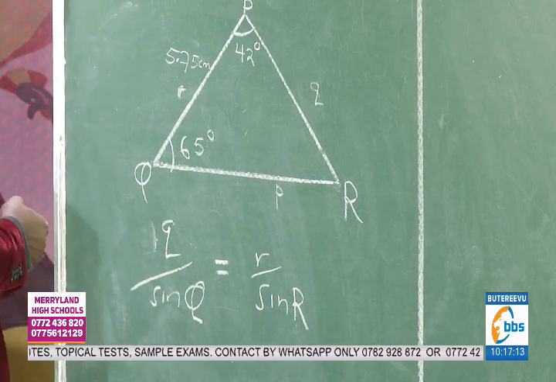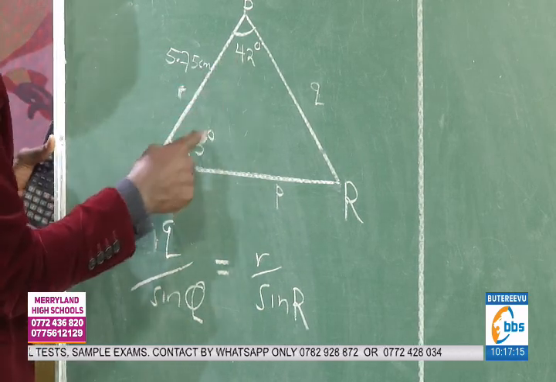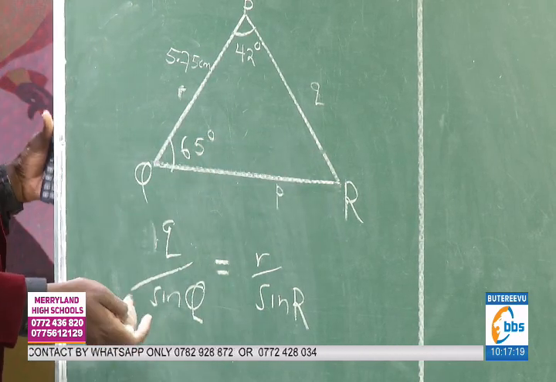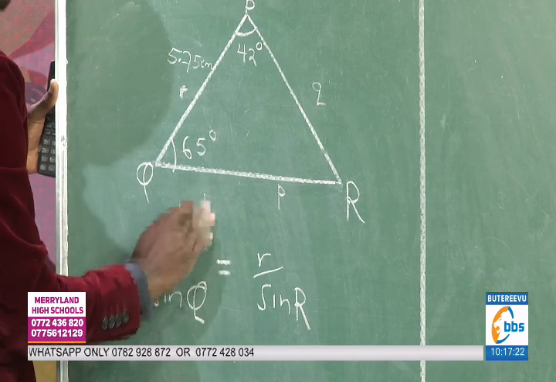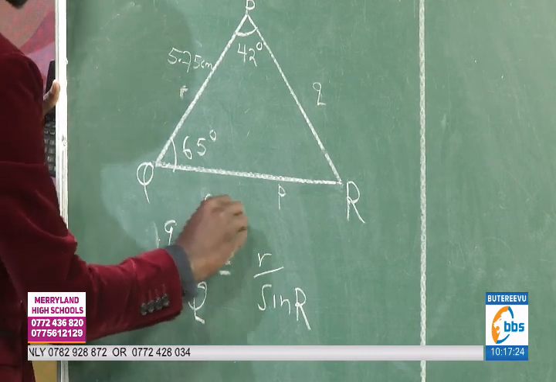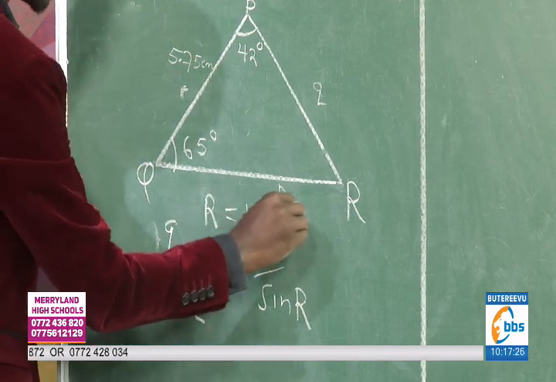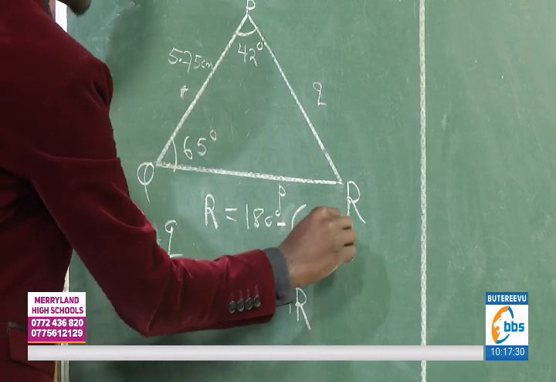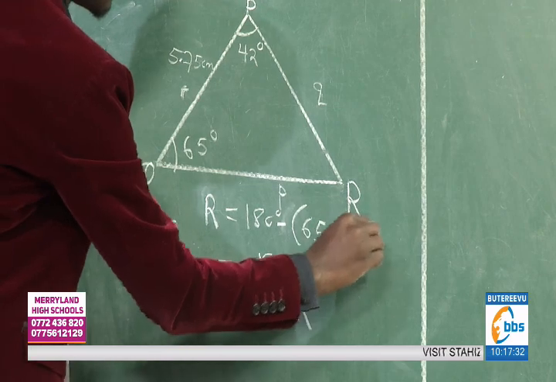So I'm going to add 42 degrees plus 65 degrees, then plus angle R, and I'll be getting 180. So to get angle R, I'll have 180 degrees minus the sum of 65 plus 42 degrees.